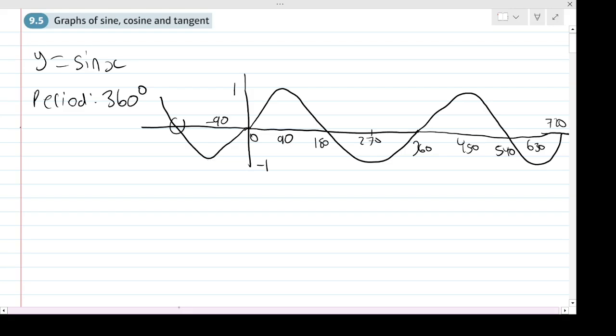And then it shoots back up here at -180, because it's on the negative x-axis. And then it shoots back up to 1 at -270.